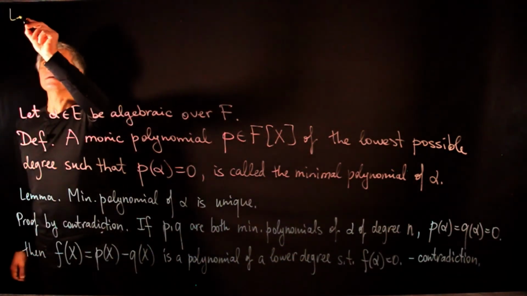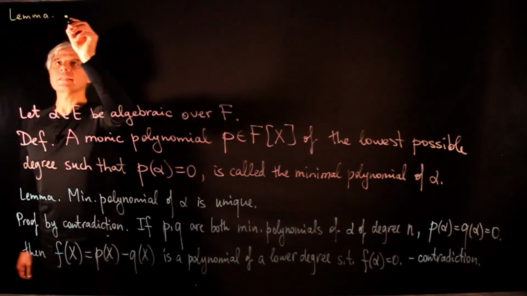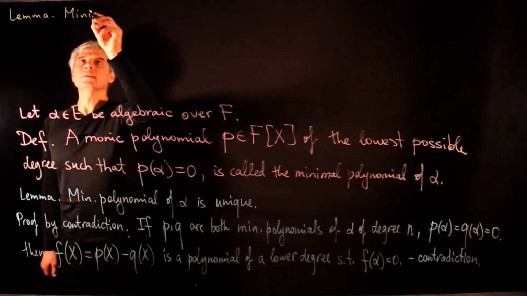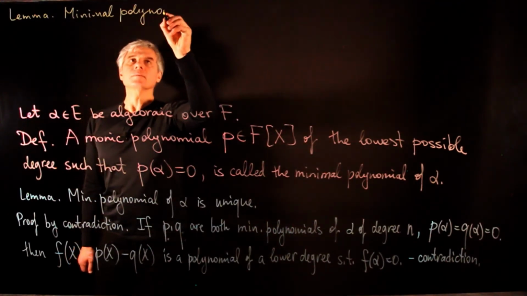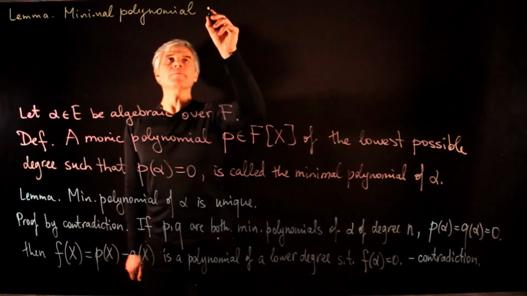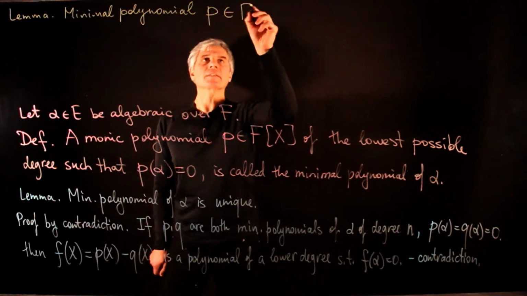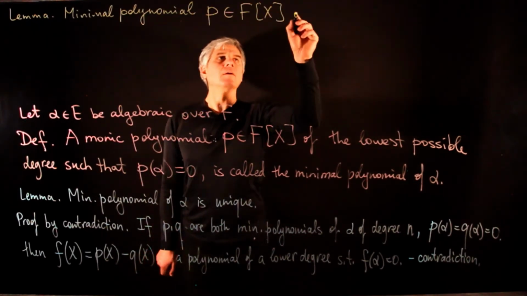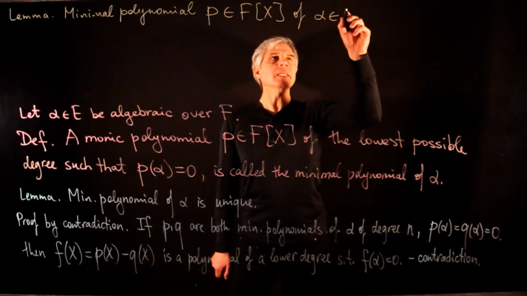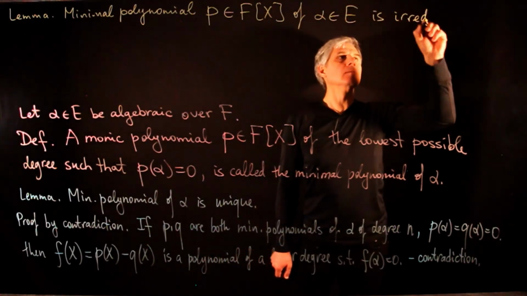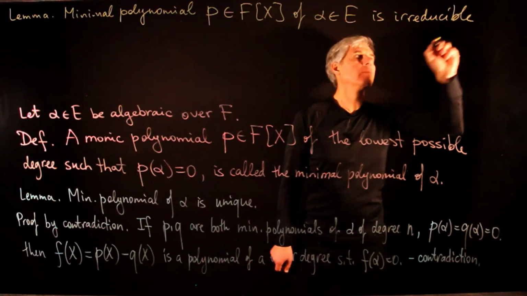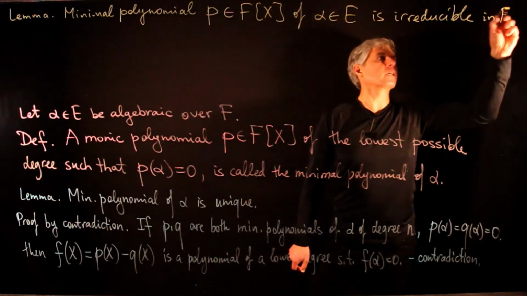Our next lemma says that the minimal polynomial p in F[x] of alpha in E is irreducible in F[x].